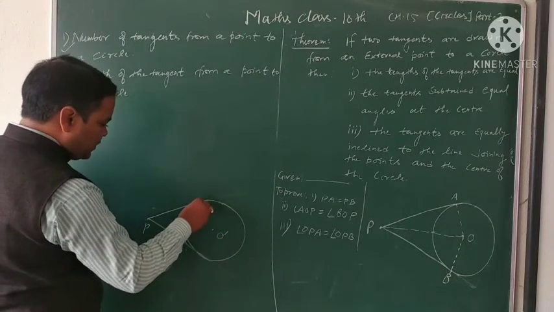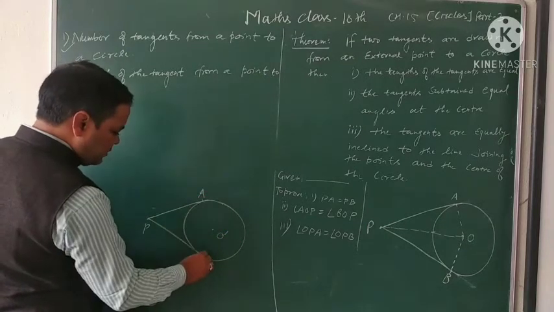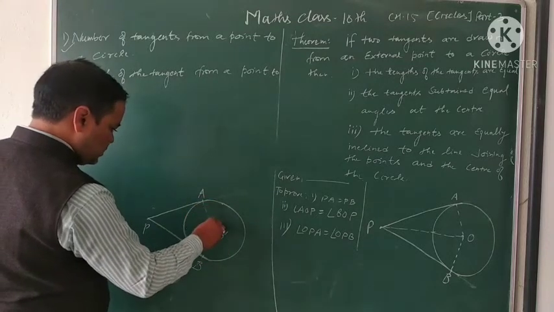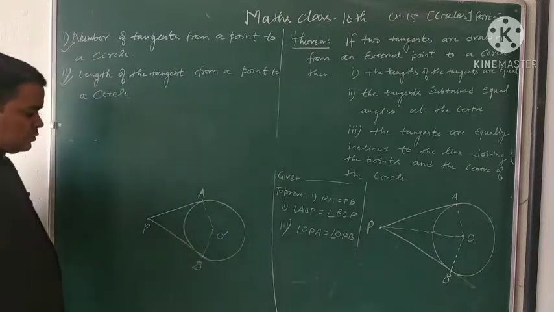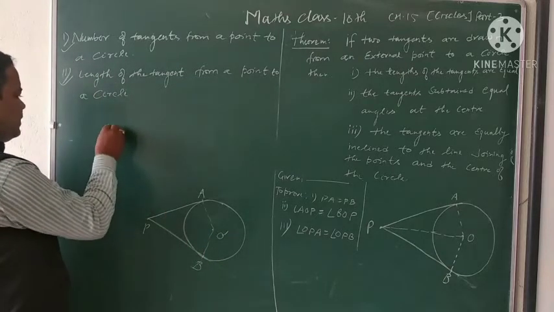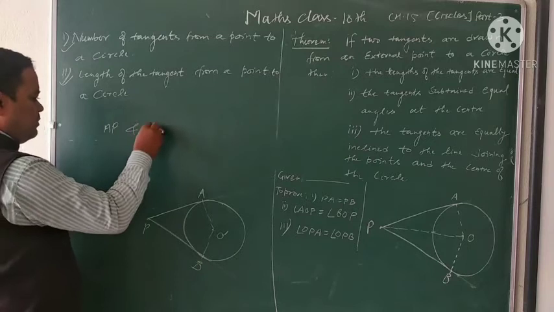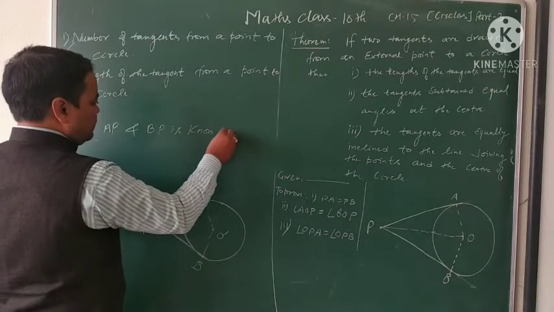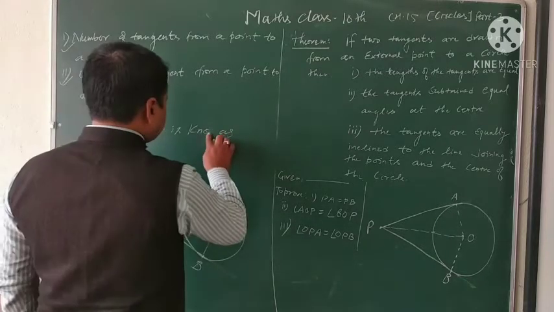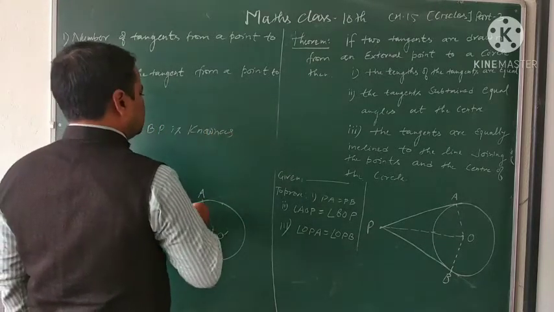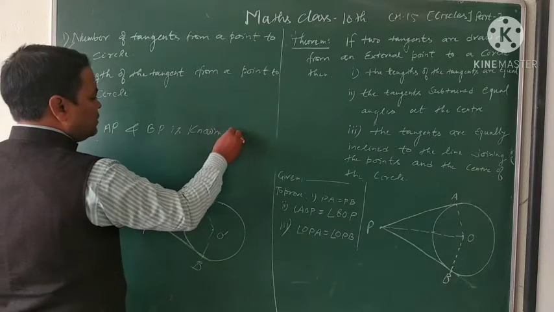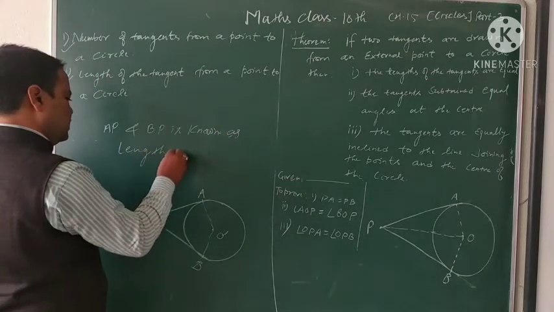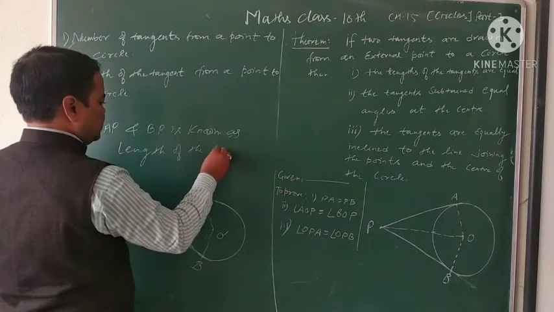So here let this point be A and this point be B. This distance, AP and BP, is known as the length of the tangents.